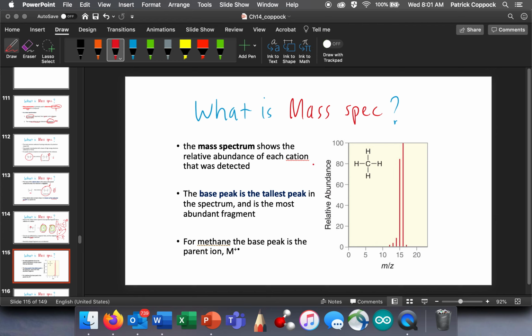So the mass spectrum of methane, let's look at that. With the mass spectrum of methane, the relative abundance of each cation was detected, and so the first one is the molecular ion, right? And what does this weigh?